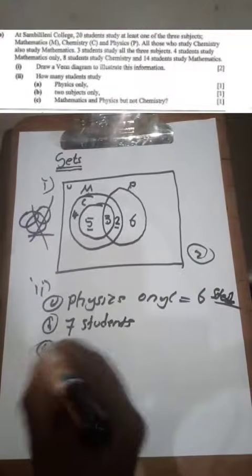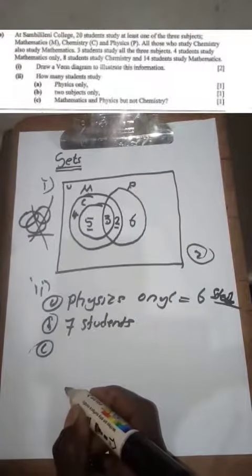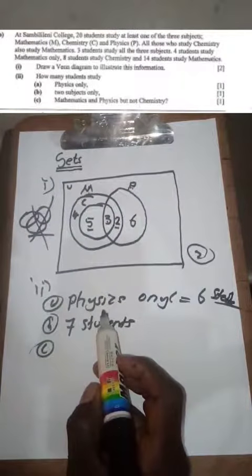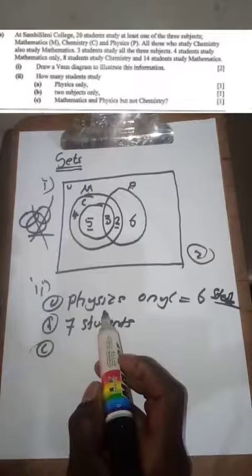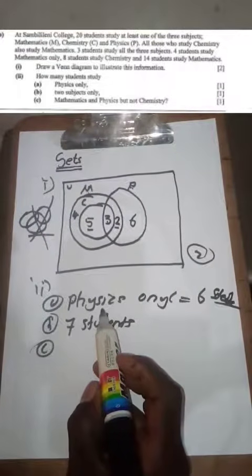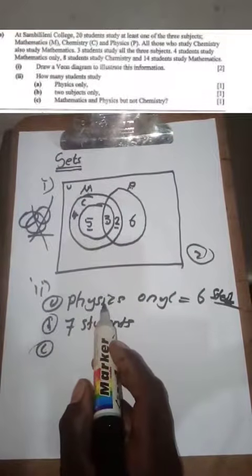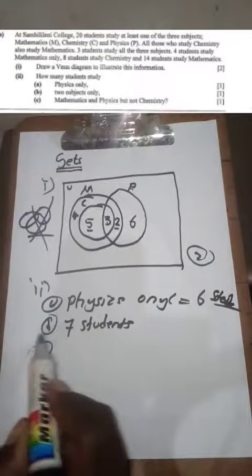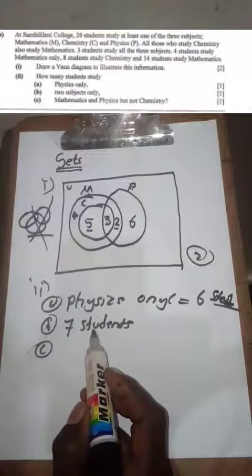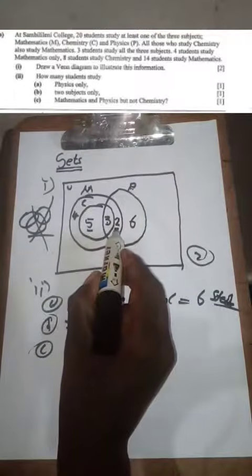Then the last question says, how many students study mathematics and physics but not chemistry? Looking at the students who study mathematics and physics, but don't study chemistry, you are going to come here.